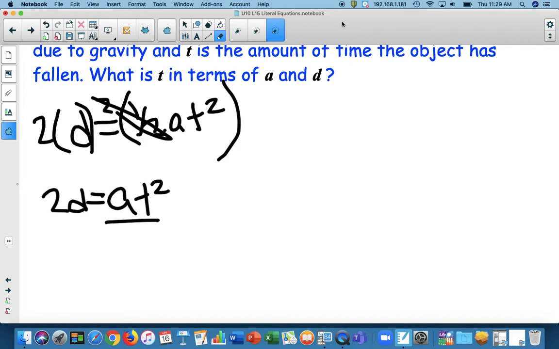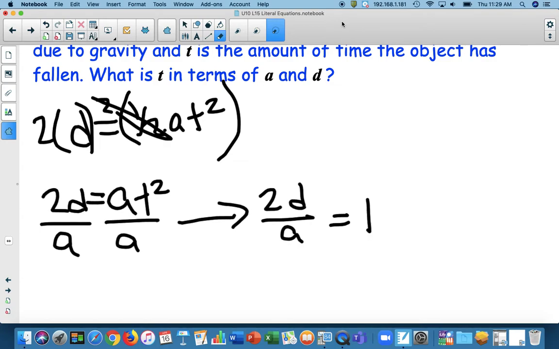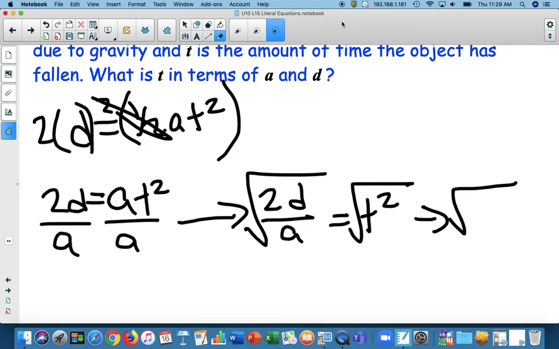Now again, I've got to get t by itself, so I'm going to divide both sides by a. So now I have 2d divided by a equals t squared. I need to get t alone, so I square root, and my final answer is the square root of 2d over a is equal to t.